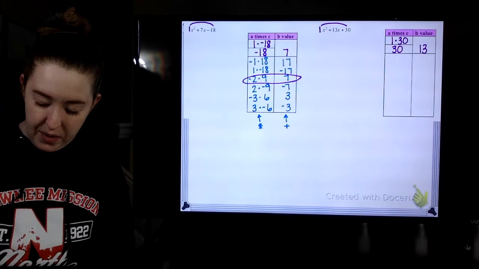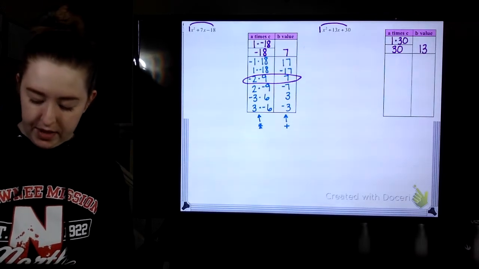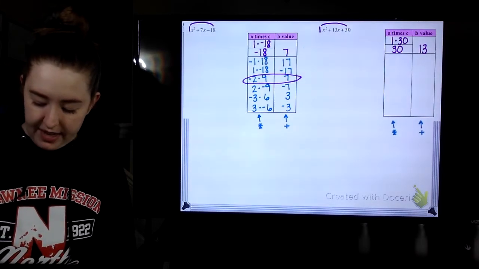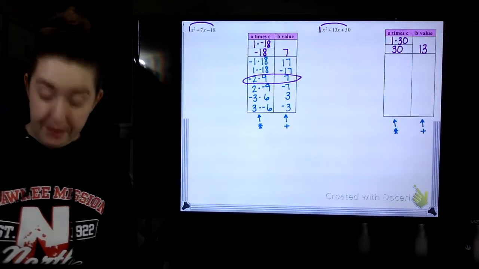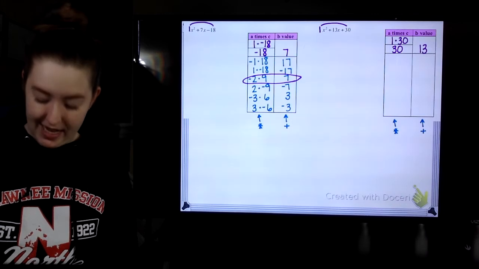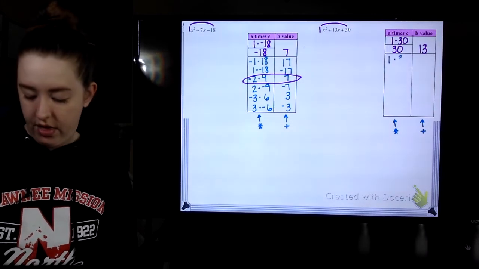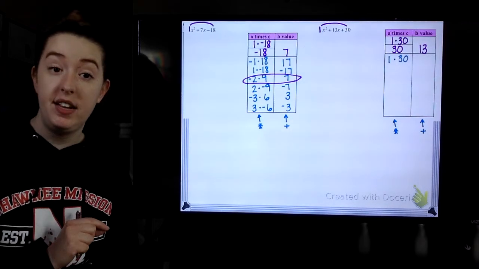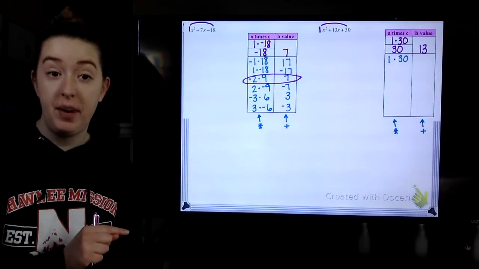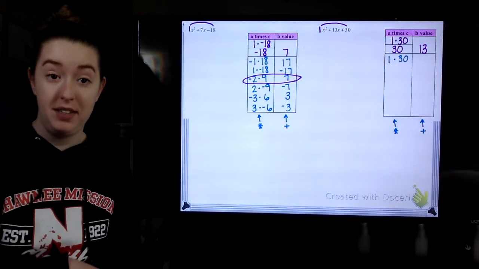Now on this next one, we want to find two numbers that multiply to 30 and add to 13. So what are my factors of 30? Let's see, we have 1 and 30. By the way, I know both these are going to be positive because we're multiplying to a positive number and adding to a positive number.